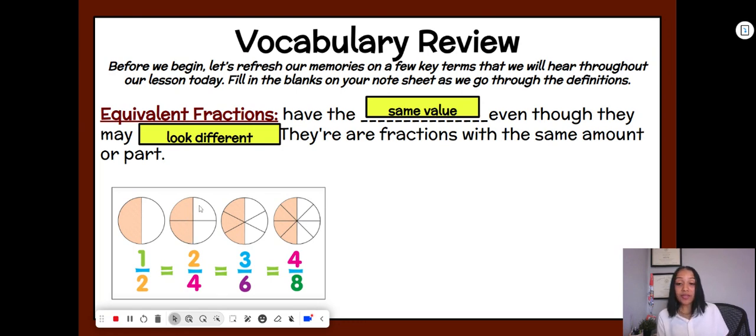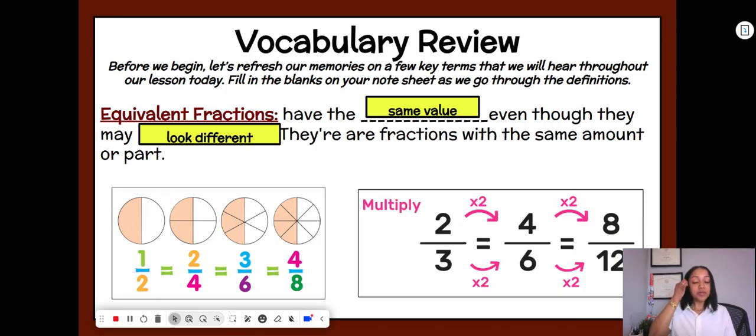If we take away the horizontal line and look at both circle 1 and circle 2, the same amount is shaded. The same thing is true for 3/6 and 4/8. There are the same amount shaded in all 4 circles. That means all 4 of these fractions are equal or equivalent because they all represent the same amount.